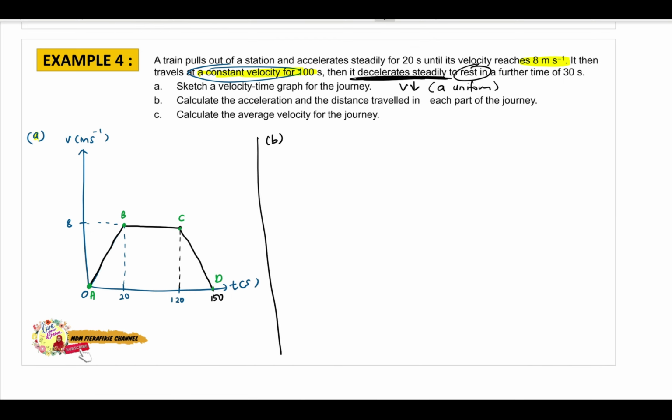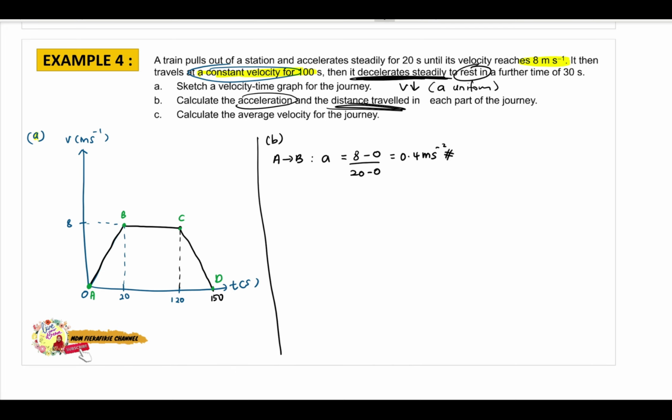Okay, for question B, from A to B. We want to calculate acceleration and distance travelled. Okay, we calculate the acceleration first. Acceleration is the gradient of the graph, so it should be 8 minus 0 over 20 minus 0, and the answer is 0.4 meter per second squared.